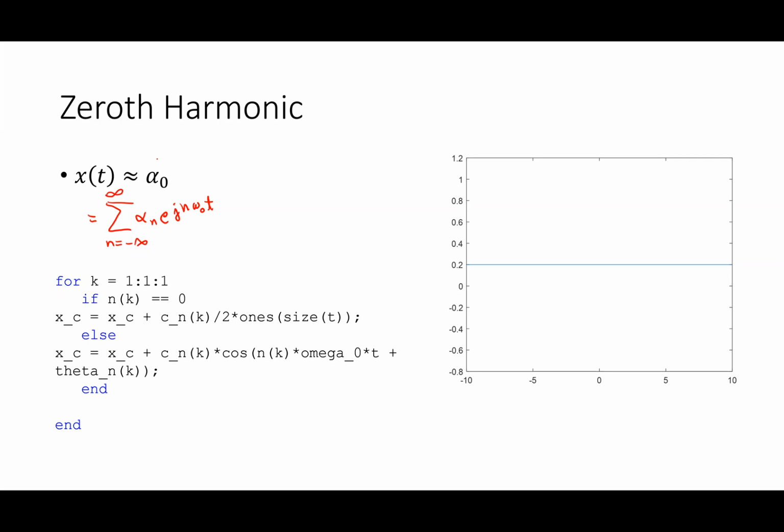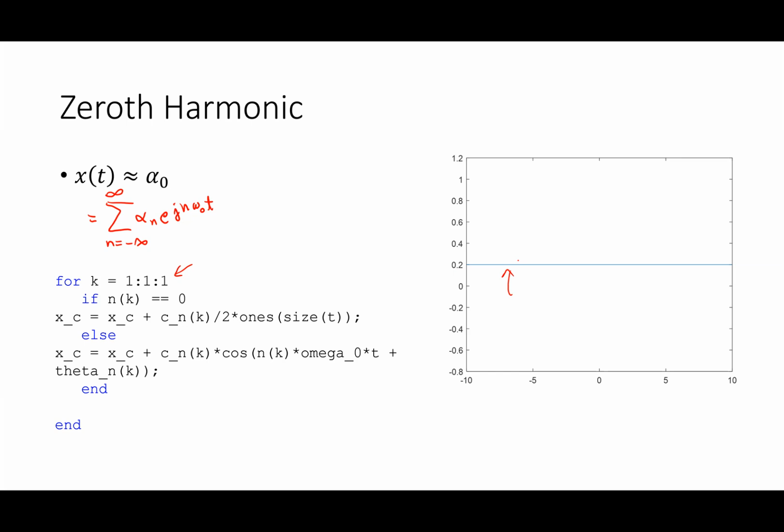To do that, I created a piece of code where I ran my for loop for one iteration, from 1 to 1, so it basically iterated once. What I get is a DC value. For that particular waveform, the DC value was 0.2. That is the 0th harmonic. It says I need 0.2 to get the DC value of that waveform properly represented.